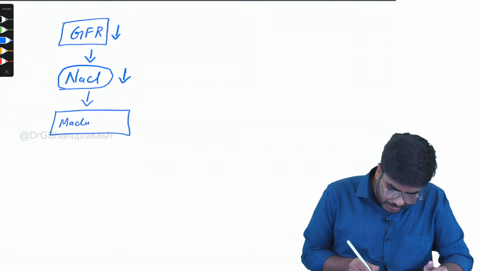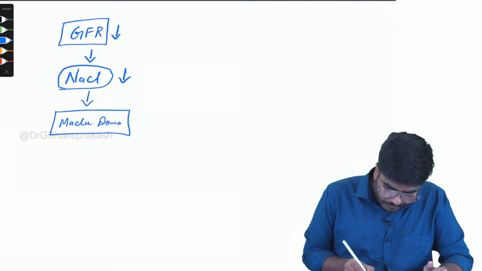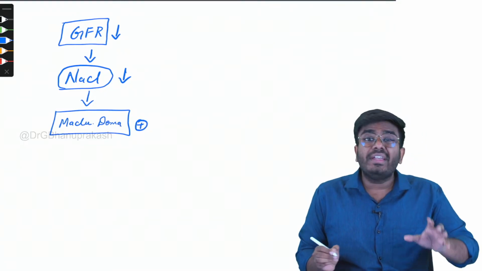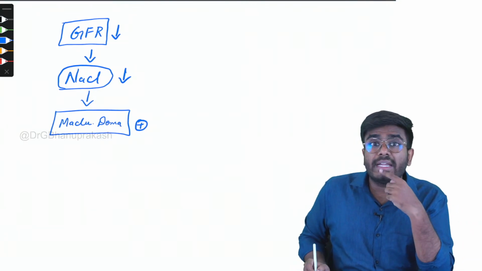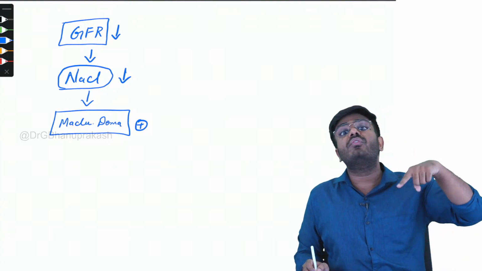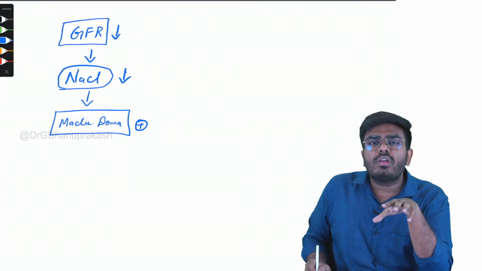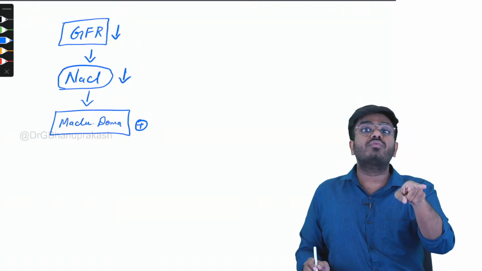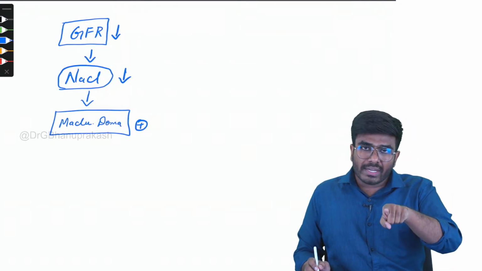Now, what will the macula densa do? If it receives less sodium chloride, it will understand. If more sodium chloride is coming, it understands that GFR is increased. If less sodium chloride is coming, it understands that GFR is falling down.